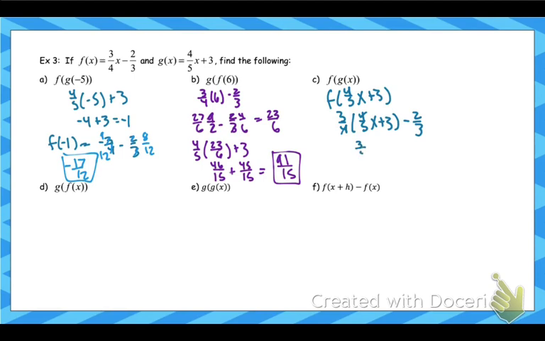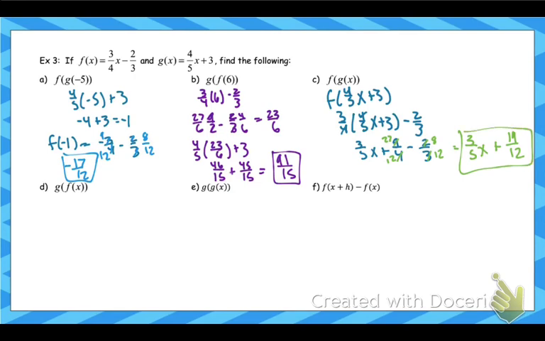That'll give me 3/5 x plus 9 over 4 minus 2/3. Again, I'm going to need a common denominator to combine those together. That common denominator is going to be 12. So that becomes 27 over 12, 8 over 12. And that's going to give me 3/5 x plus 19 over 12.